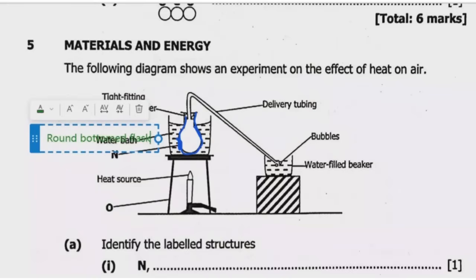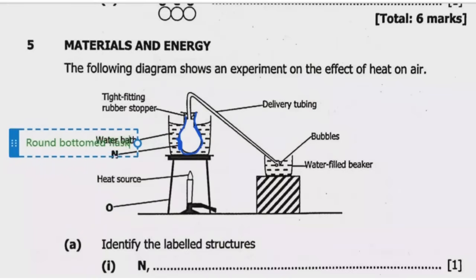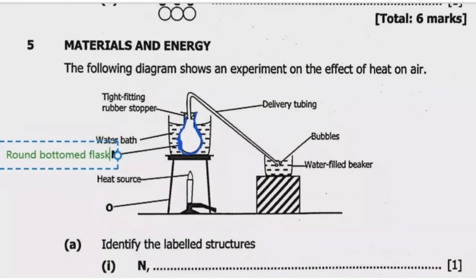Round bottomed flask, that is the name of the apparatus there. N is a round bottomed flask. Okay, so that is the name for that apparatus.